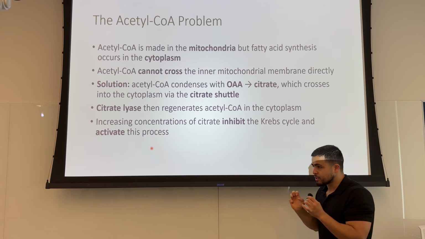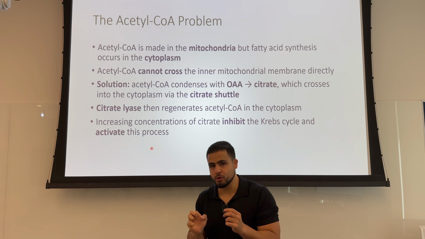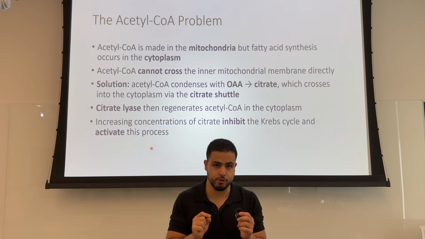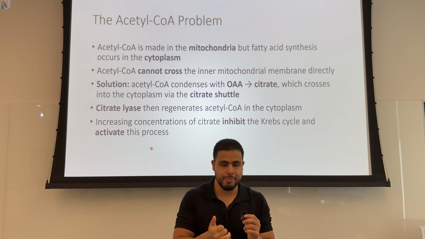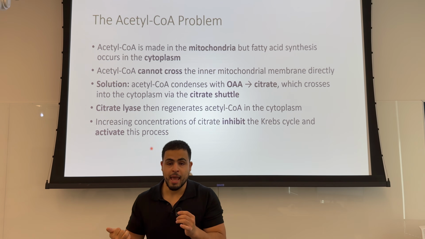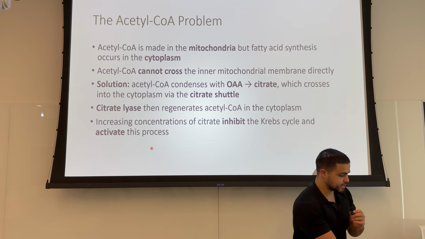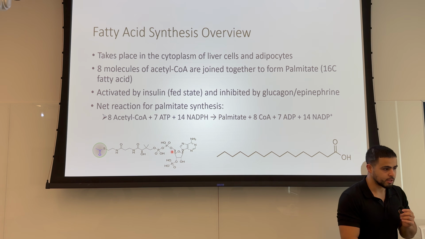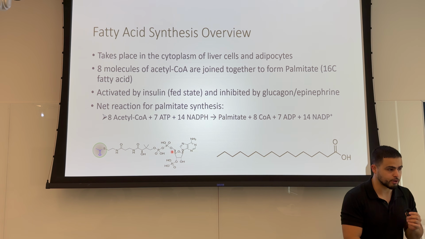All right, but we do run into a problem because, as you may know, acetyl-CoA primarily exists within the mitochondria, within the mitochondrial matrix. But fatty acid synthesis takes place in the cytoplasm. And because acetyl-CoA is this large molecule over here, it can't freely cross the membrane and move across different compartments.